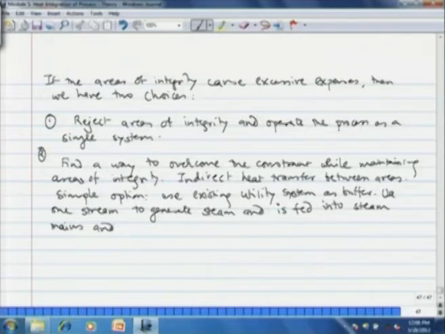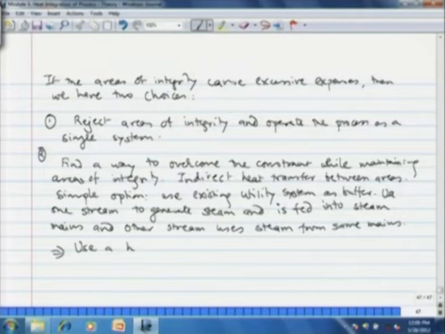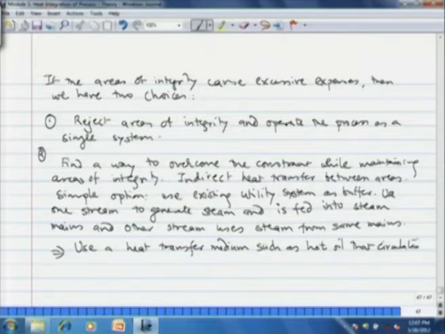And the other option is to use a heat transfer medium such as hot oil that circulates between the two streams matched.